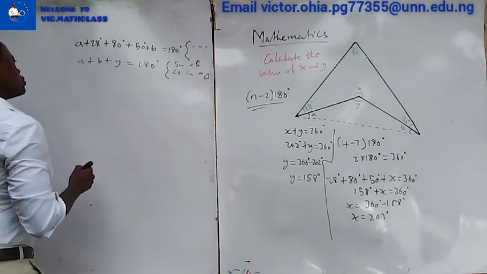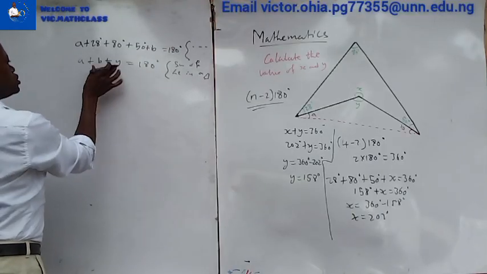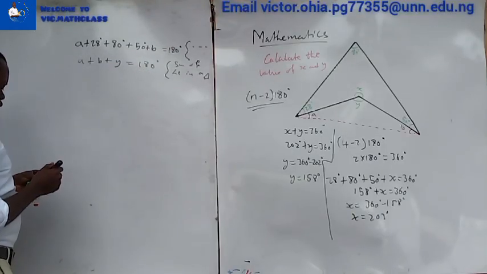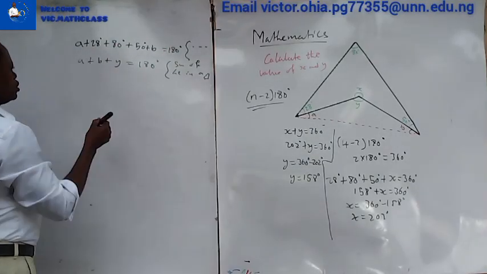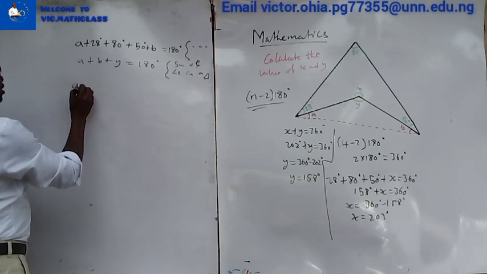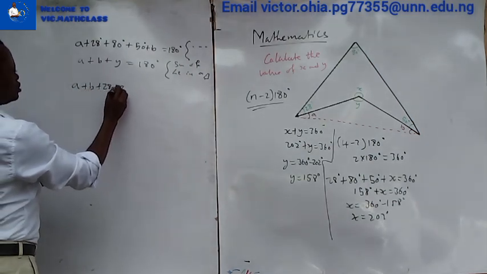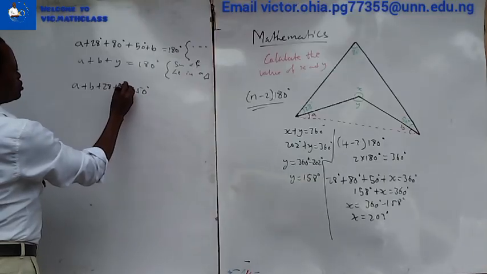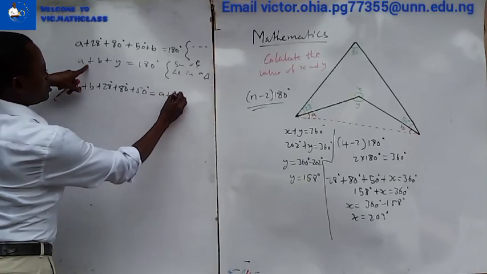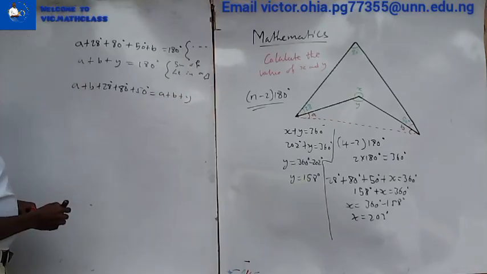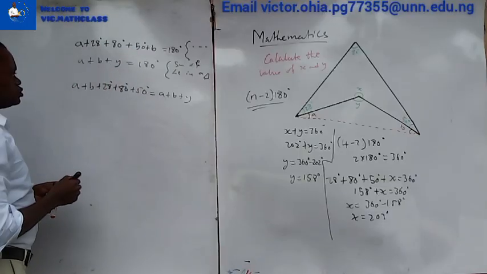Do you realize that the whole of this is 180, the whole of this is 180, and if this is 180 degrees and this is 180 degrees, we can now equate and say A plus B plus 28 plus 80 plus 50 is equal to A plus B plus y. So if this is this and this is this, it then means this is equal to this. That's what we're trying to say.